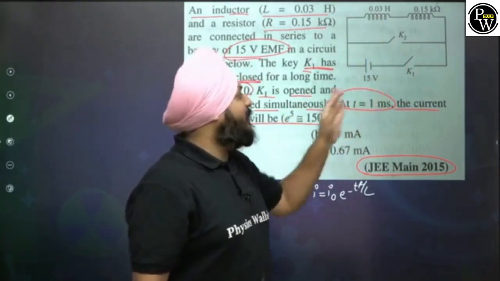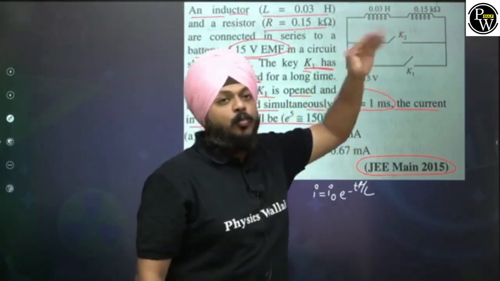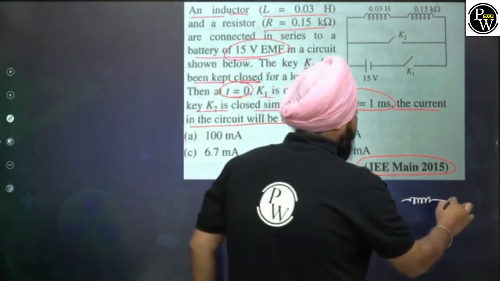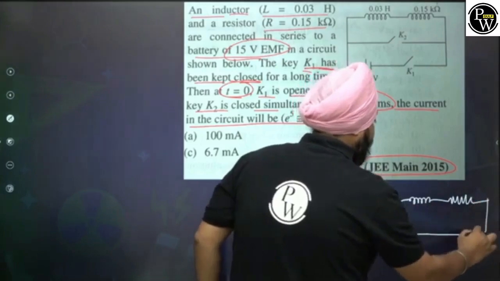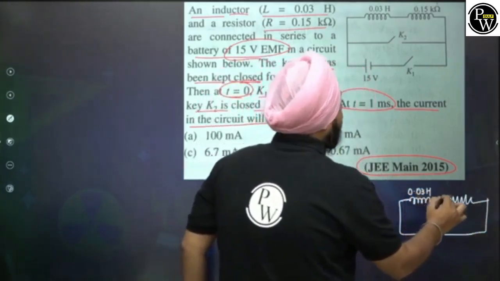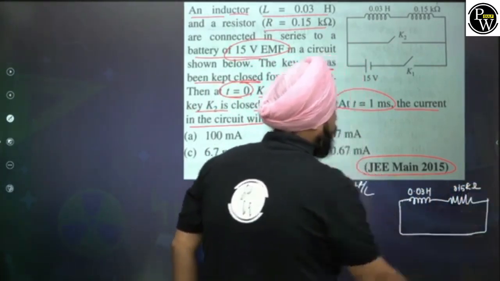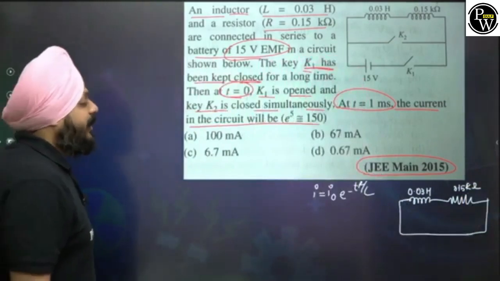Now suddenly at t is equal to 0, when K1 was opened and K2 closed, it means that in the entire circuit only L and R are connected this way. This is of 0.03 Henry and this is of 0.15 kilo ohm. So now current is getting decayed.